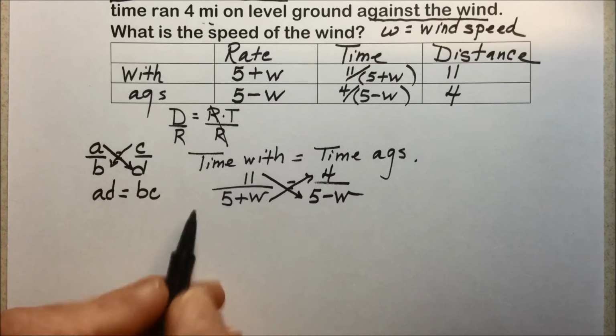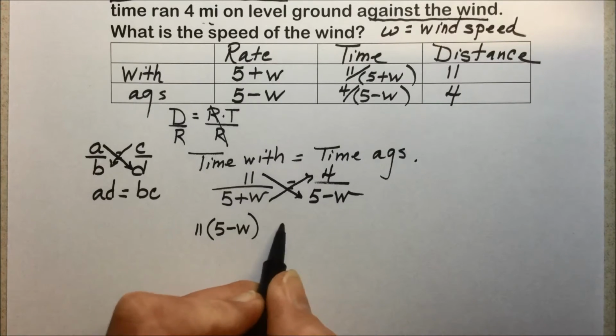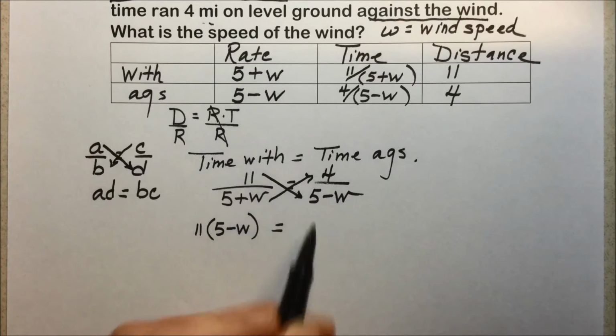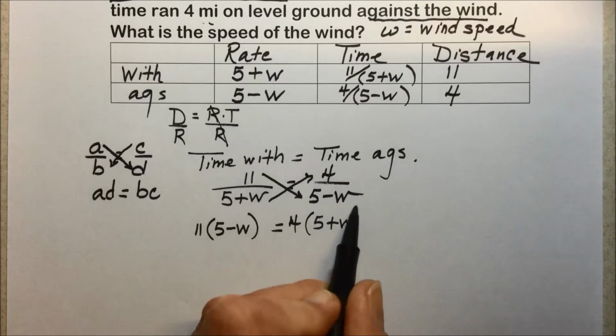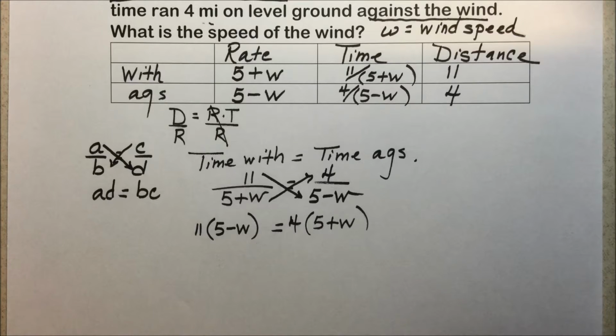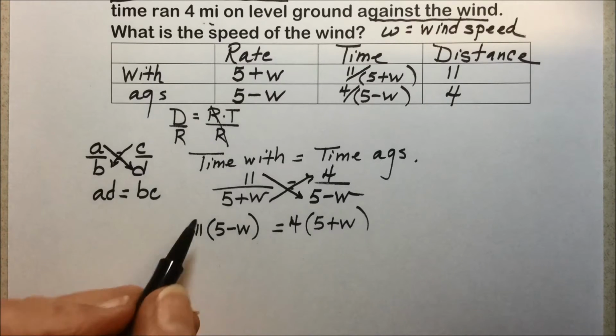That means I'm going to take the numerator 11 times the denominator across from it and set it equal to this diagonal, 4 times 5 plus W. We've eliminated our fractions, or our rational expressions. Now it's a matter of simplifying our equation to solve for the solution.